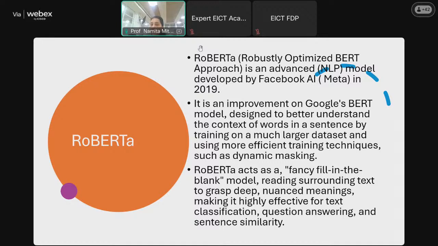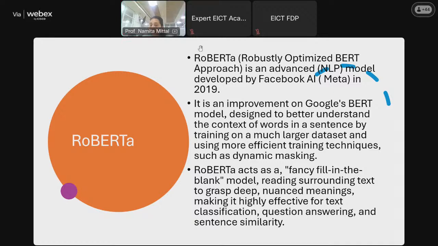So dynamic masking means it's not fixed that every third word or every fourth word is masked. We can have the first word masked, then maybe the 10th or 11th, or maybe again the 21st. It's dynamic masking. So what does this model do? It acts as a fancy fill-in-the-blank. If something is masked, you fill it from the prediction.